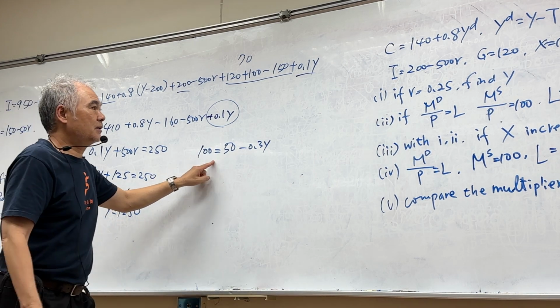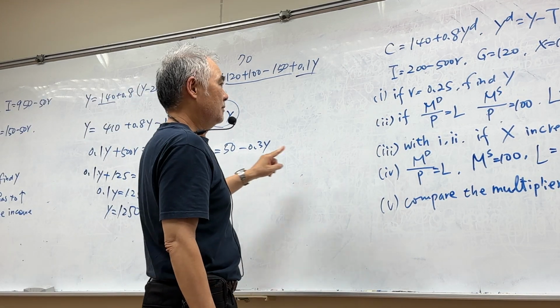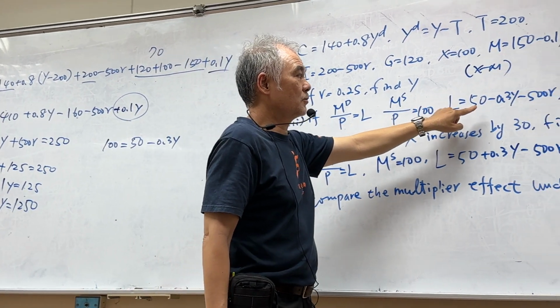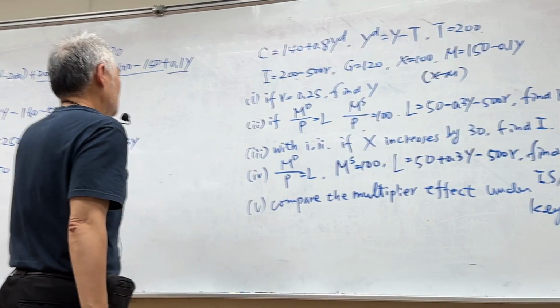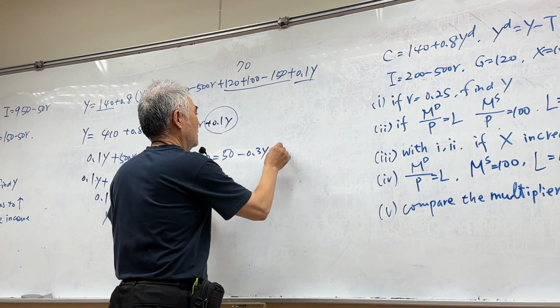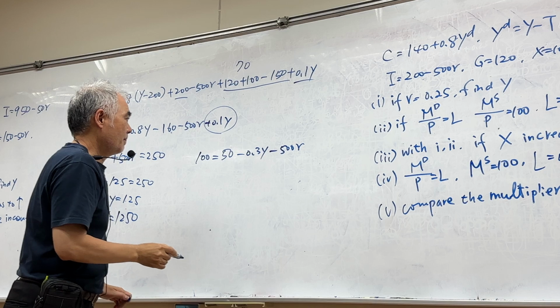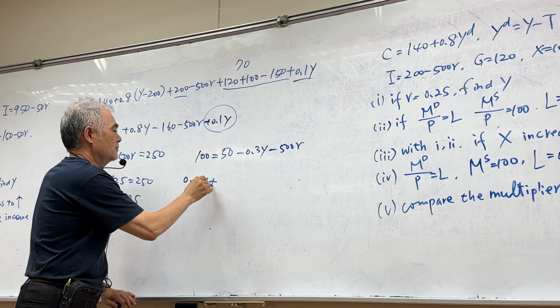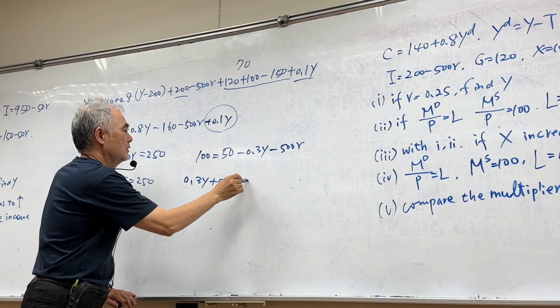And so now we get to LM, right? LM, so this is money supply, real money supply. And this is real money demand. So real money supply equals money demand. Okay? So what do you have? We have 0.3Y plus 500R is equal to 50.